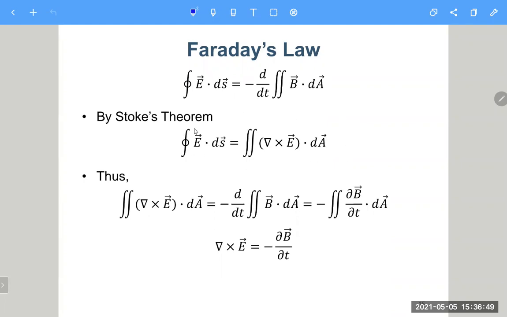But on the left side we have E dot dl, while on the right side we should have the curl of E. In this case, this one equals this one. And actually, this is the left-hand side of Faraday's law, which means that this one should be equal to this one.